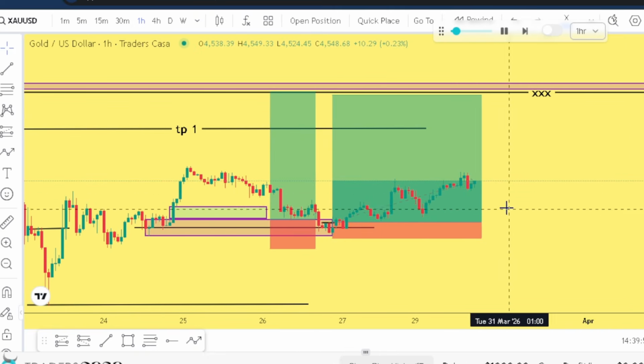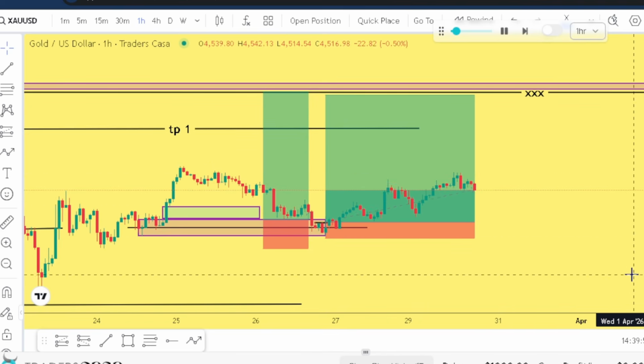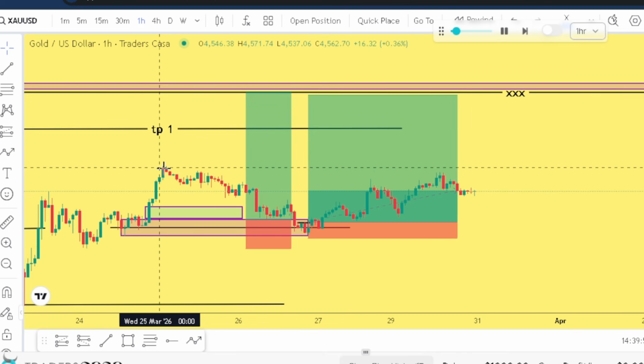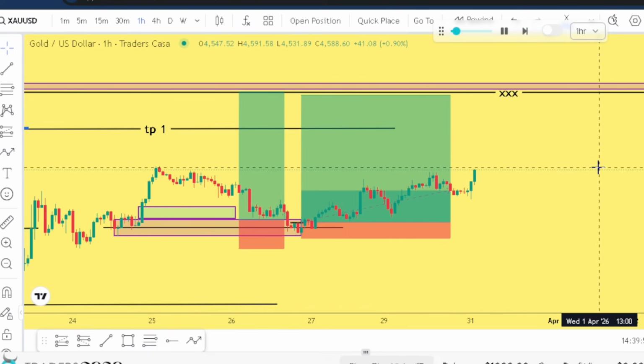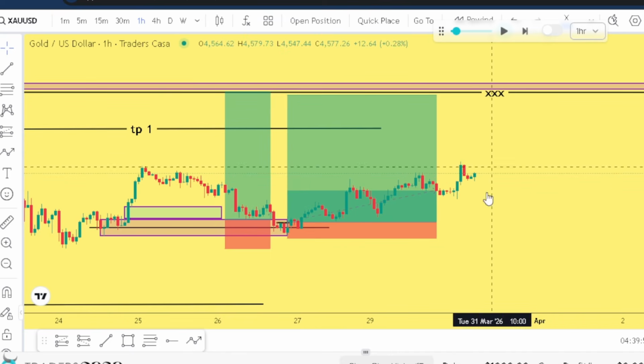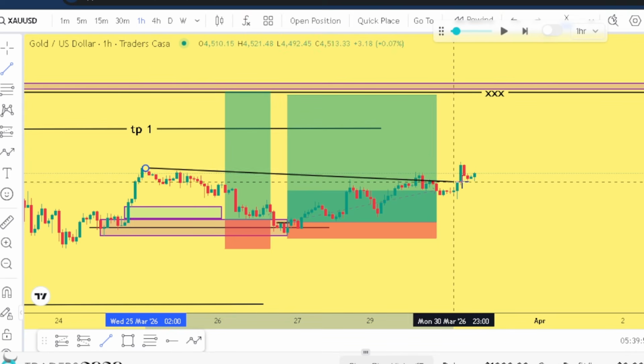Okay, so price is still moving to the upside, and we haven't made a break of this high yet. All right, so price is moving, and right there we get a break of that high. So we've made a break of this internal high.